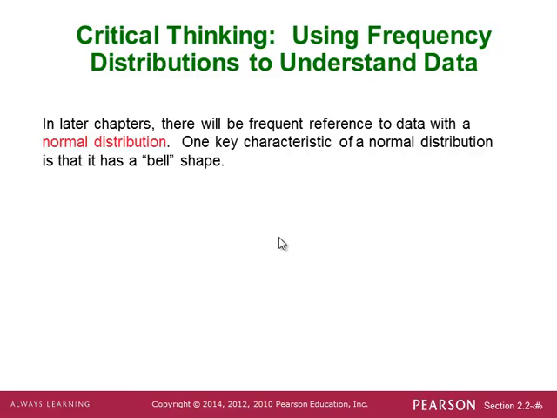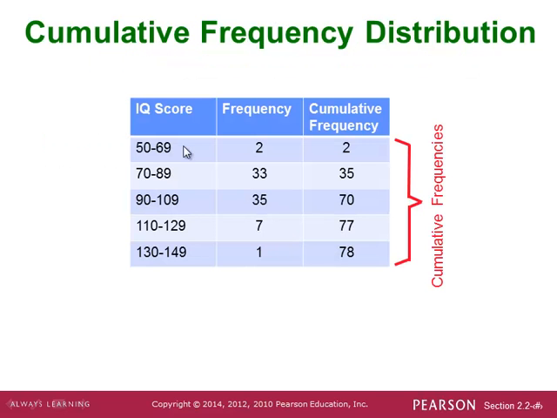So, for example, the low-lead IQ scores that we were looking at, let's go back to this. We could see that there's a bit of a peak in this range of IQ scores, and it tapers off to the left and to the right.